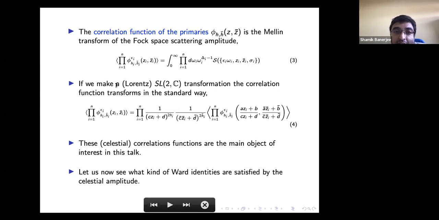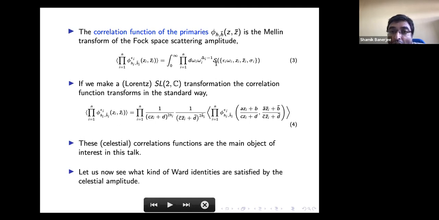To see that they can be thought of as correlation functions in a two-dimensional conformal field theory, we look at how the left-hand side transforms under the SL(2,C) transformation.